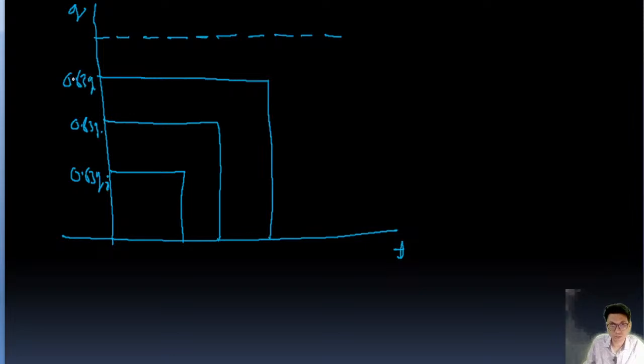Here this is tau 3, this is tau 2, and this is tau 1. So if we draw the graph, it is going to be like this.